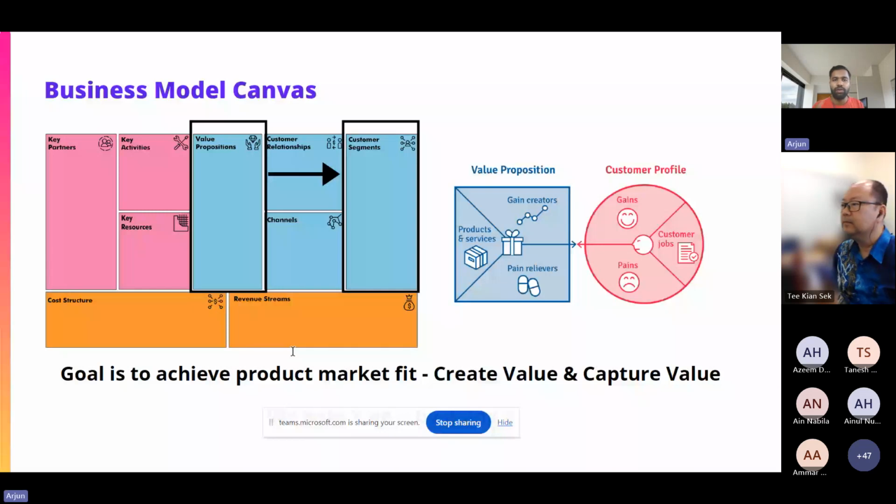So coming back to the beauty products example, what gain do you provide them? The gain is that you make them attractive, you make them beautiful, you make them look appealing, right? So that is the gain you are creating. But similarly, there is a particular segment of beauty products that are catered only to old age people.